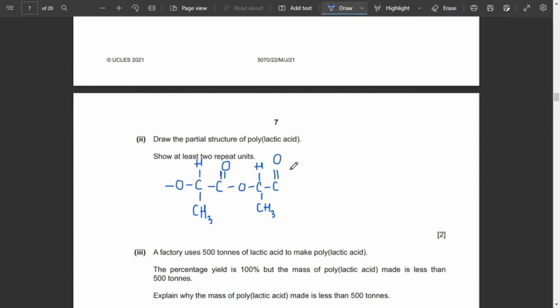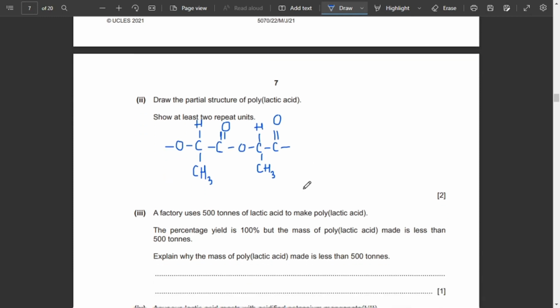Alright, so this is how you're supposed to draw it. I hope I have drawn it completely right. So this is one structure you need to draw over here as well. These are two repeat units basically shown here. One repeat unit and the second repeat unit.